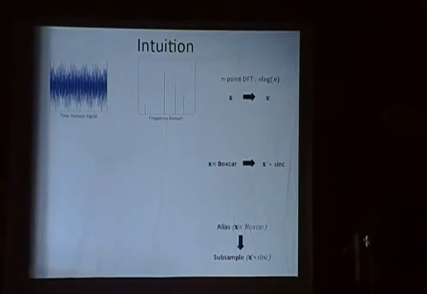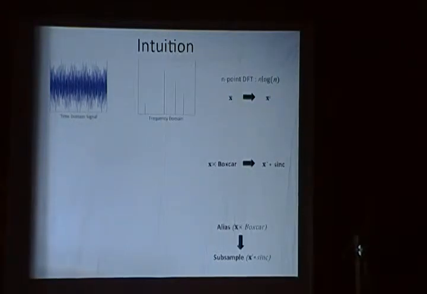This is what you get if you apply FFT: this is your signal in the time domain, you apply FFT, and you get this. Most of the things in the output are zeros, so you really don't have to output them, but FFT computes all of them even though they are zeros.